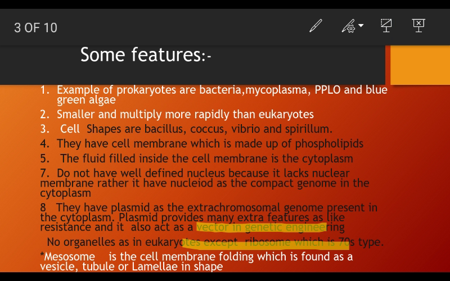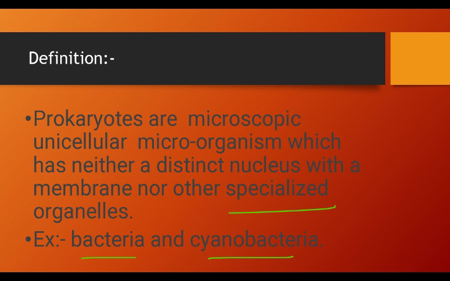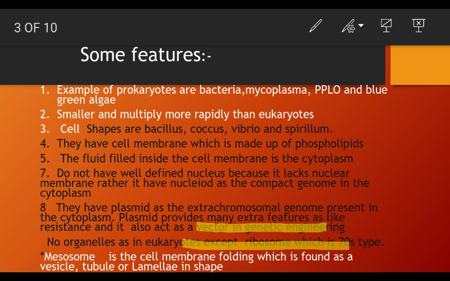And mesosomes are cell membrane foldings, found as vesicle, tubule or lamellae in shape. So they also have mesosomes in the cell membrane, right? Bacteria have mesosomes, which are simply cell membrane enfoldings, and those enfoldings form the shape of a vesicle, tubule or lamellae.